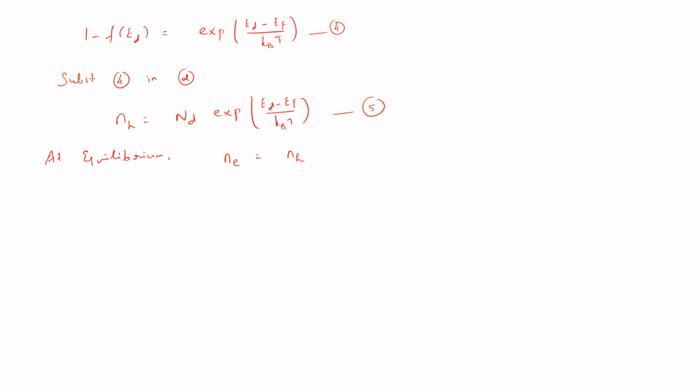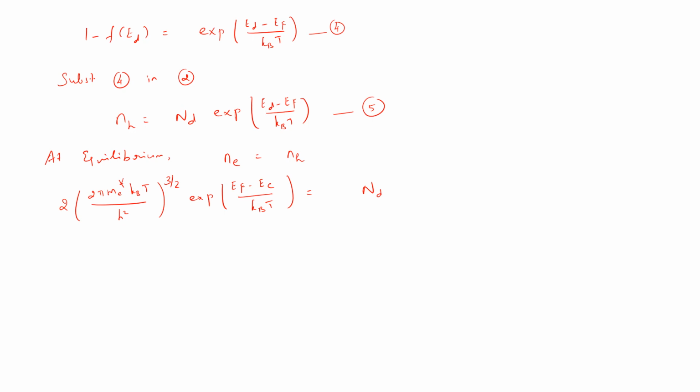So I can write the equation now. You look at the first equation and write down for left hand side 2 into 2 pi me star kBT divided by h square whole power 3 by 2 exponential EF minus EC divided by KBT is equal to ND.